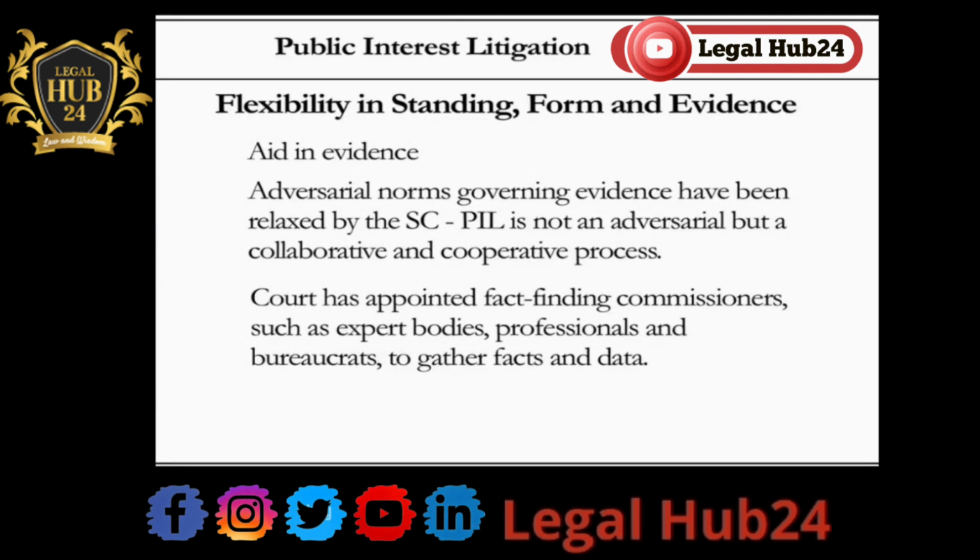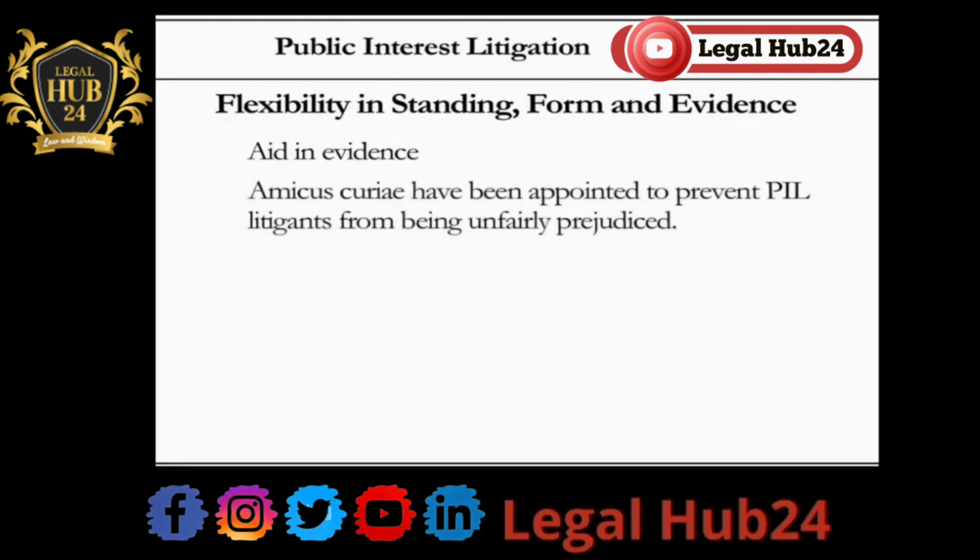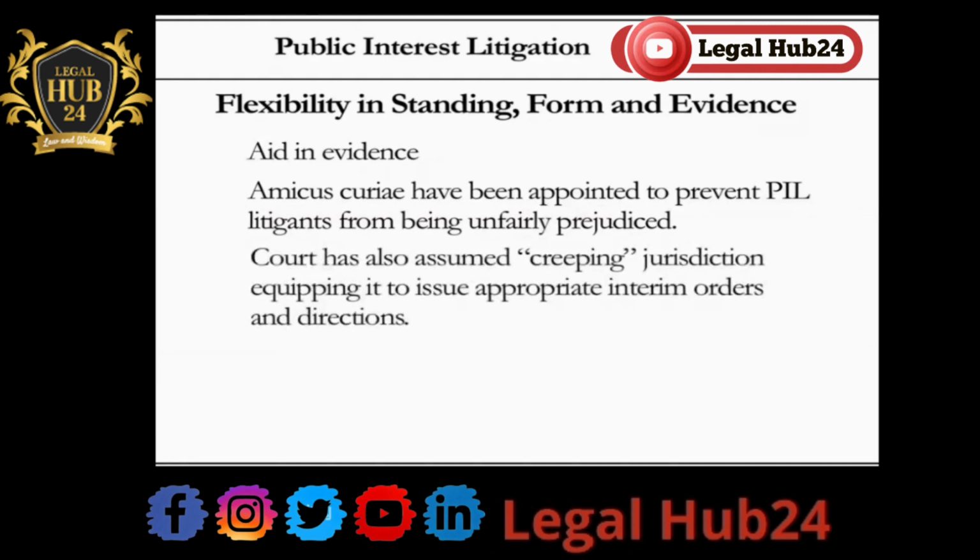Another innovation has been the appointment of amicus curiae to prevent PIL litigants from being unfairly prejudiced. The court may be better assisted by a lawyer who comprehends the legal dimensions and implications of the issue and approaches the cause objectively and dispassionately. The role of amicus curiae has been significant in the prosecution of PILs. The court has also assumed creeping jurisdiction, equipping it to issue appropriate interim orders and directions.